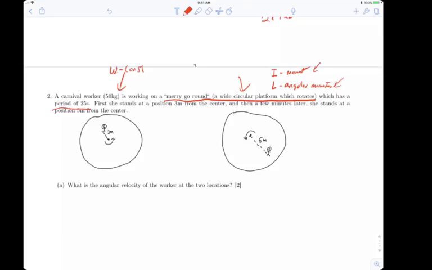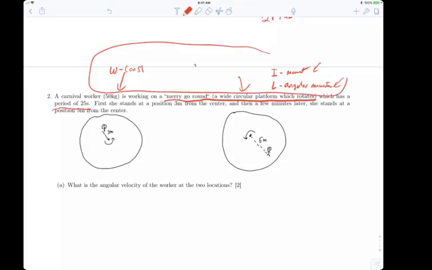We might also talk about torque, which is the rate of change of the angular momentum. So I guess we could say, hey, if it took them this long to do that, how much torque was there on the disk? Probably not.